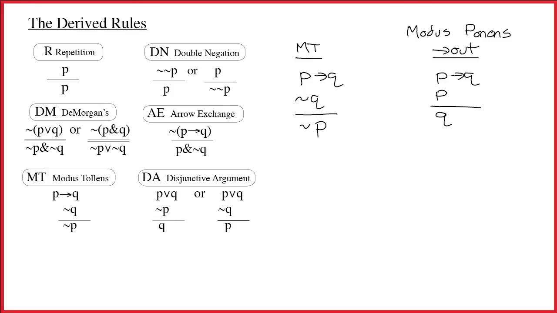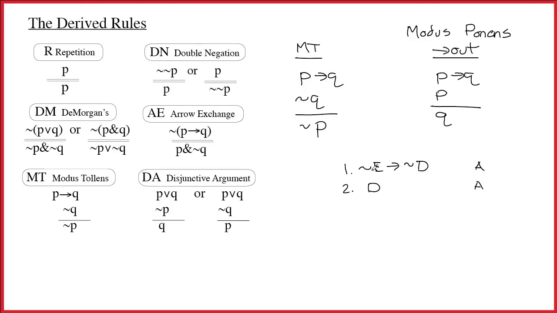Another example. Let's say that we have the following on a line in the proof. So on line 1, you've got tilde E arrow tilde D. And then on line 2, you have D. Can you get anything from those 2 lines?